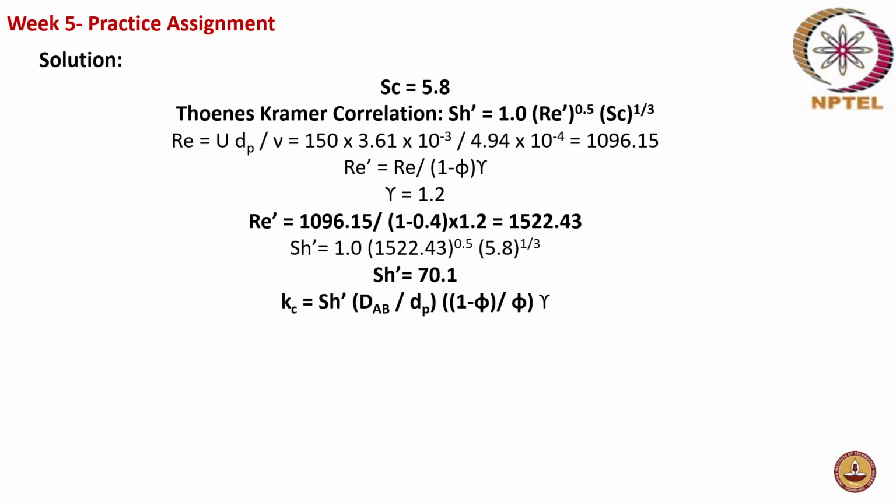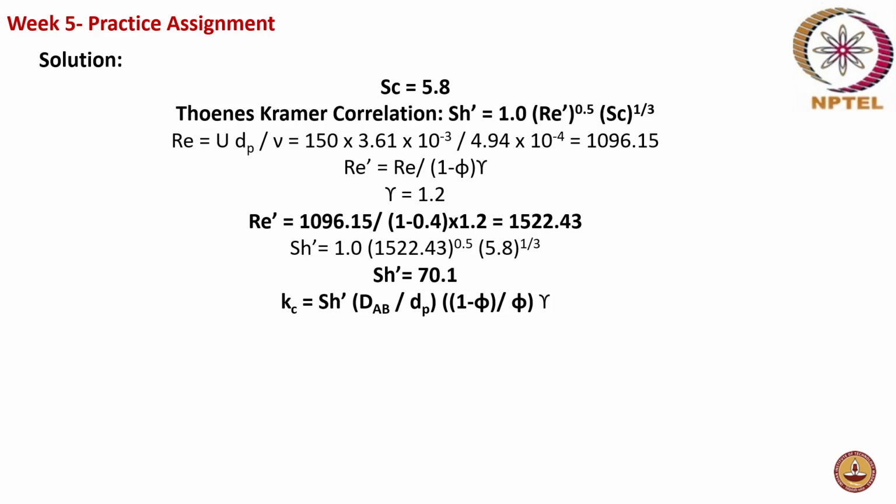Now we have to express the Sherwood number in terms of your mass transfer coefficient, because ultimately we have to find the mass transfer coefficient in order to find your conversion. So the mass transfer coefficient is given by, here it is the modified Sherwood number.